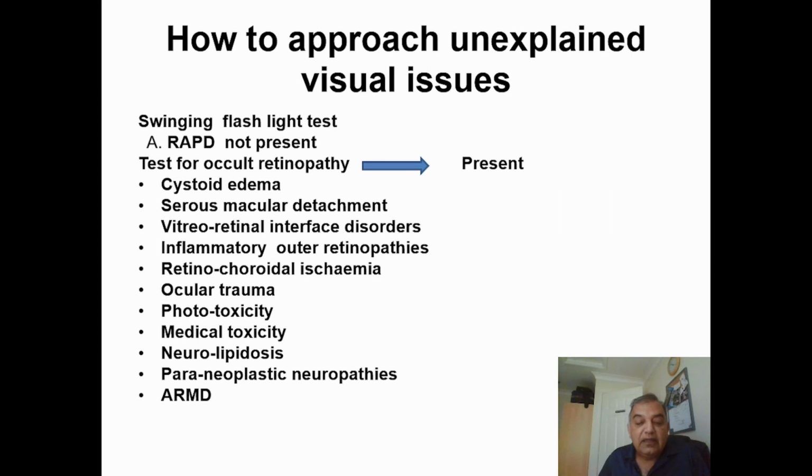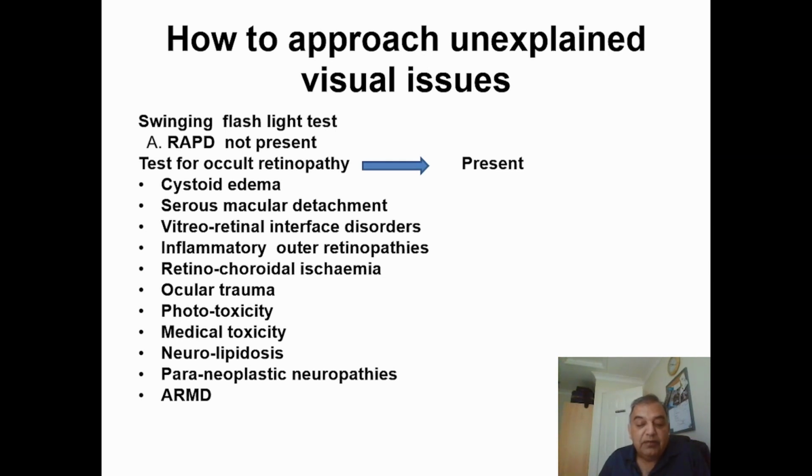On the other hand, if there is a positive test, then you think of various conditions as in this very busy slide, and I do apologize for that, but I wanted to give you all the information.